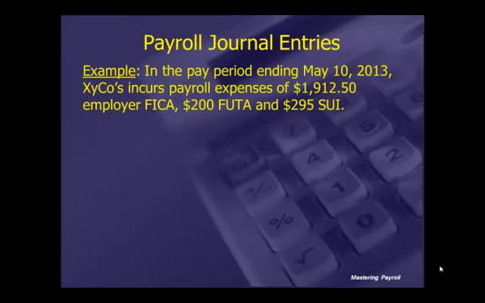Example, in the pay period ending May 10th, 2013, Zyco incurs payroll expenses of $1,912.50 employer FICA, $200 FUTA, and $295 for state unemployment insurance.